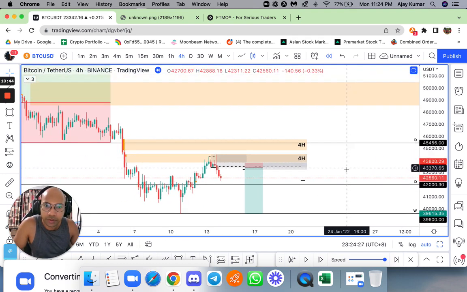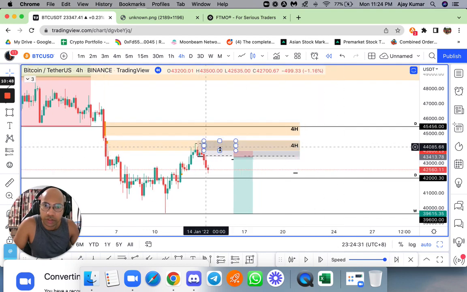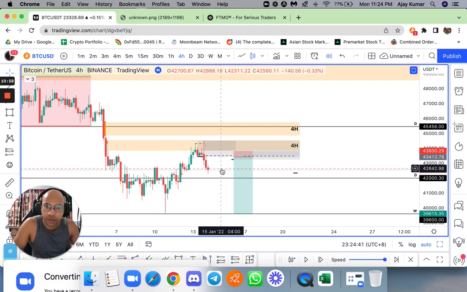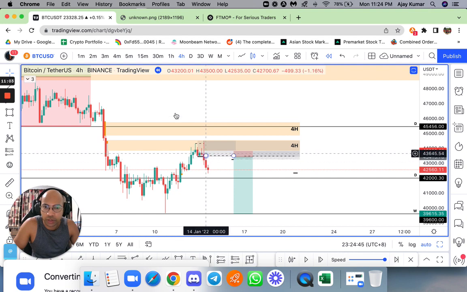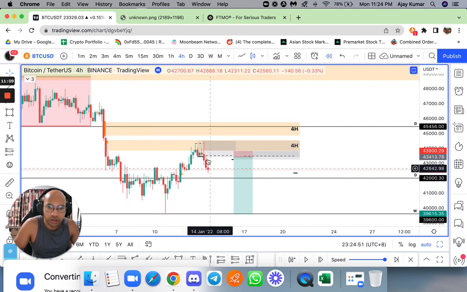As you can see here, there's also a sweep. This was the high, then there's a sweep here, and there's a market structure break. It immediately dumps. Once we see the market structure break, we should go on to the lower time frames, let's say the 15-minute, the 30-minute, or the 5-minute, and look for fair value gaps to make our entry.